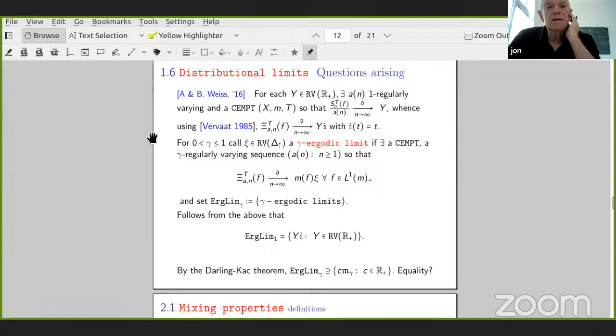Using a result of Wim Vervaat, the functional process of observables tends to y, the same random variable y, times the identity function.